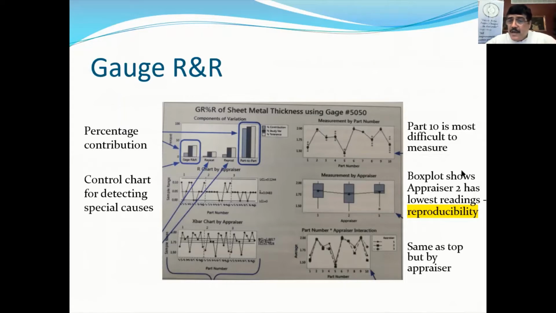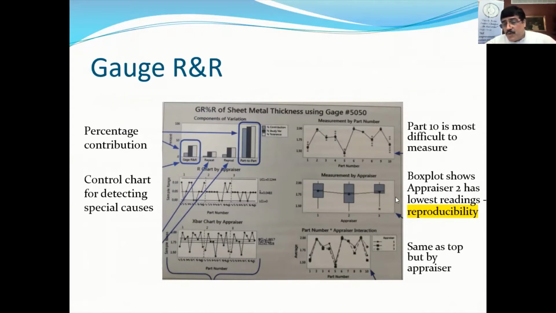And on this side here, you look at the data. This is by part. So you can see that this part, which is part number 10, if you're taking 10 parts and you're doing measurement, and then you're asking different people to measure them, you can see that part number 10 is the most difficult to measure. Why? Because you can see that there is a big variation here between the different measurements.